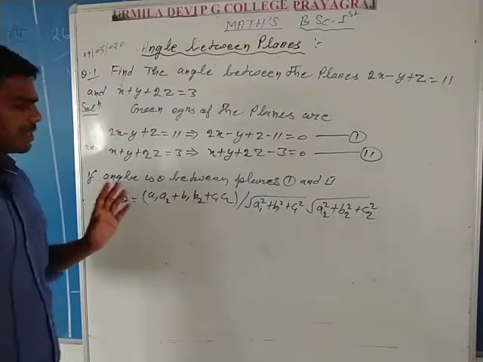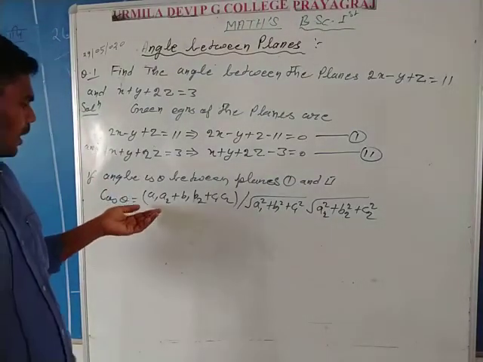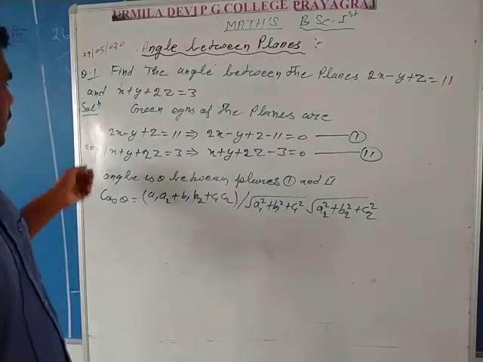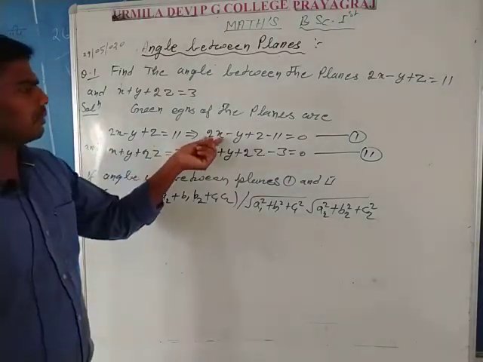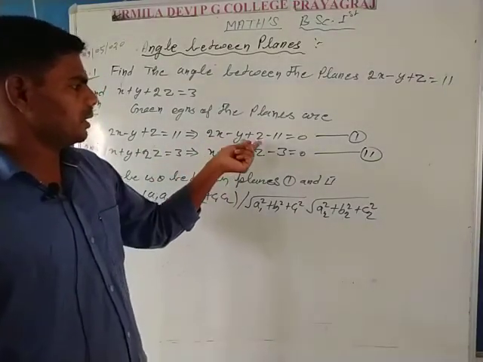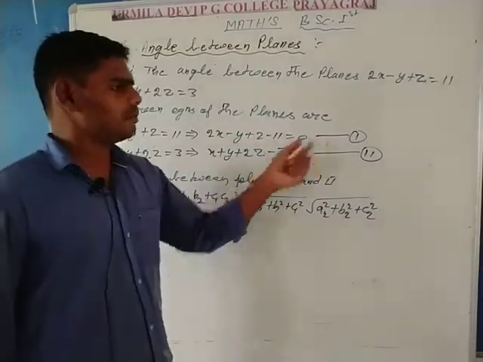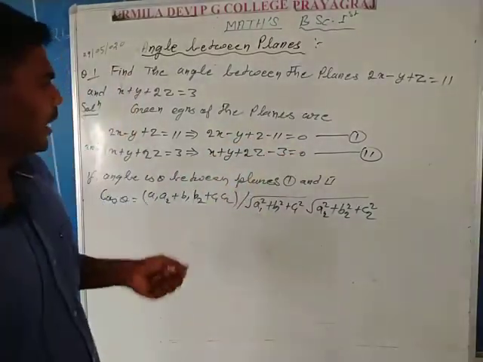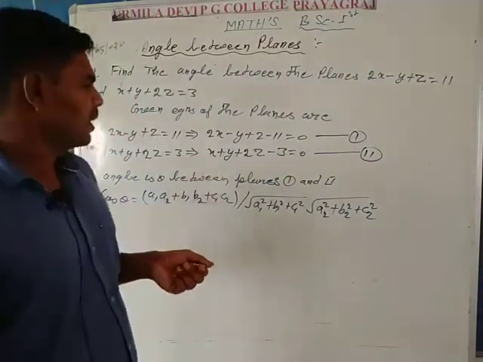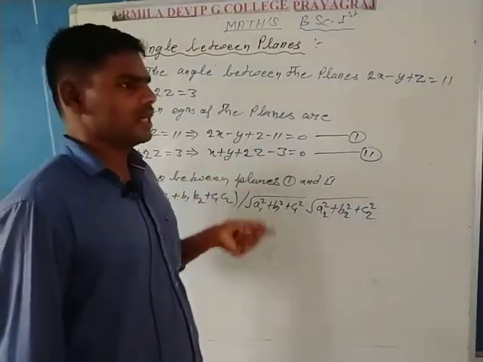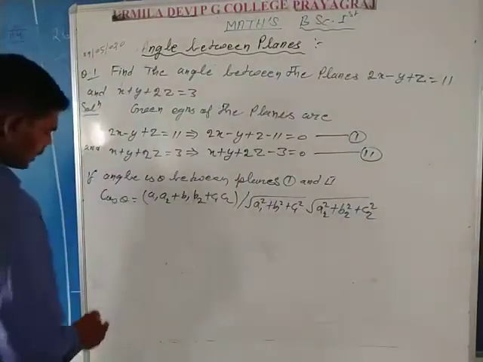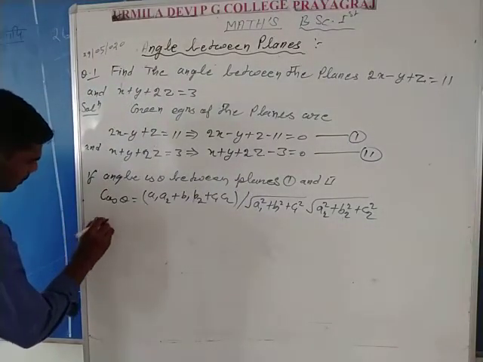In the article, it is clear what a1, a2, b1, b2, c1, c2 are. a1 is the coefficient of x, b1 is the coefficient of y, and c1 is the coefficient of z in the first plane equation. Similarly, a2 is the coefficient of x, b2 is the coefficient of y, and c2 is the coefficient of z in the second plane equation.